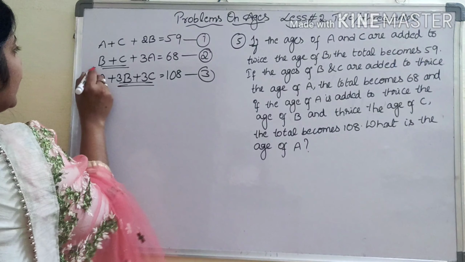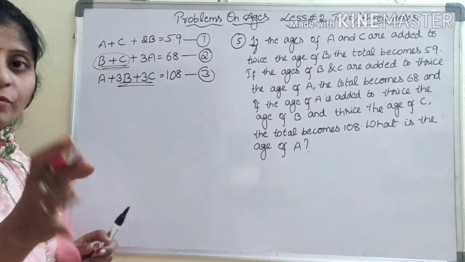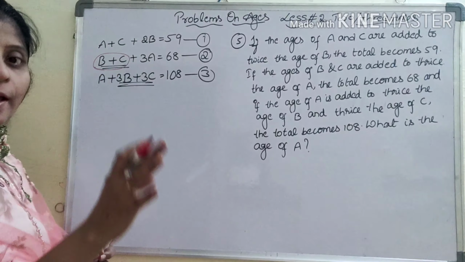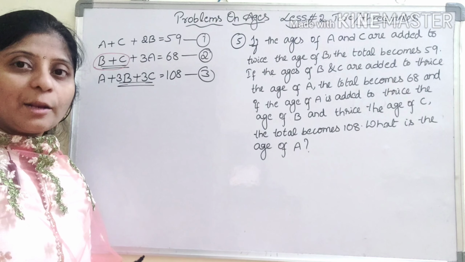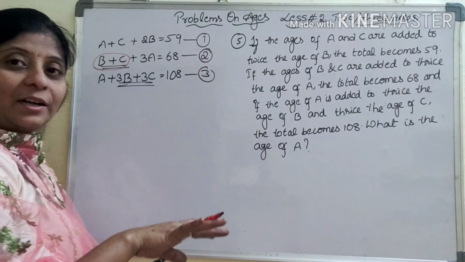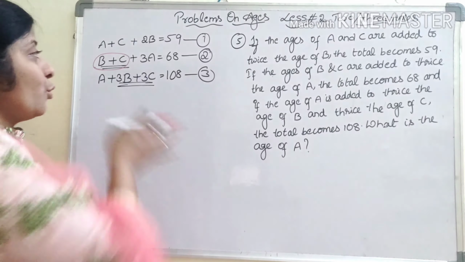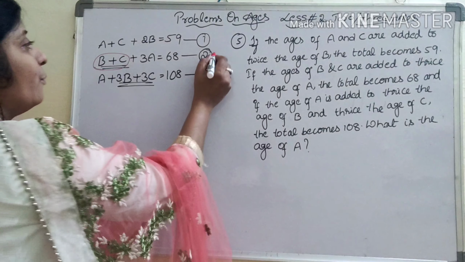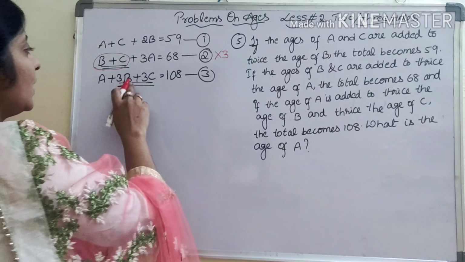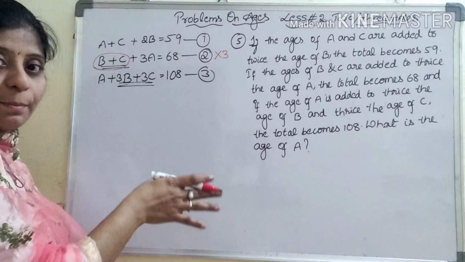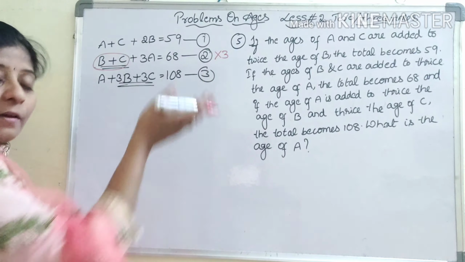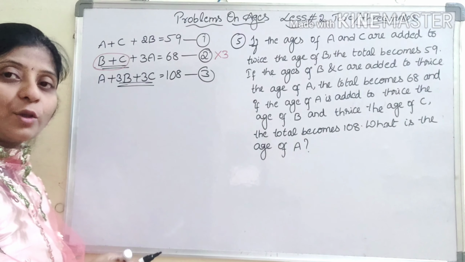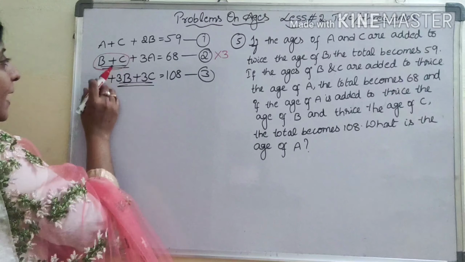If we multiply this B plus C by 3, when we are multiplying an equation, we will multiply any number throughout the equation. So multiply by 3, then the third equation already has 3B plus 3C. Then if you subtract these 2 equations, you will get only the A value.